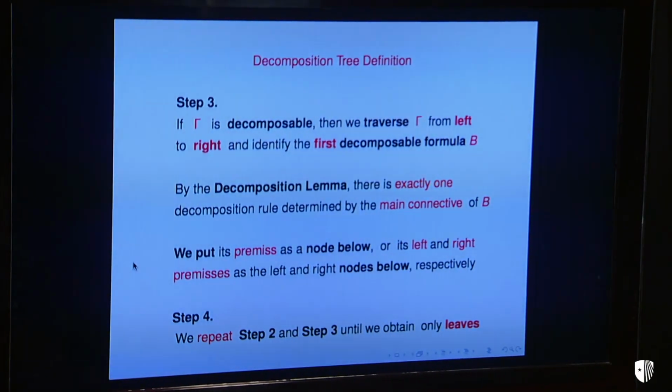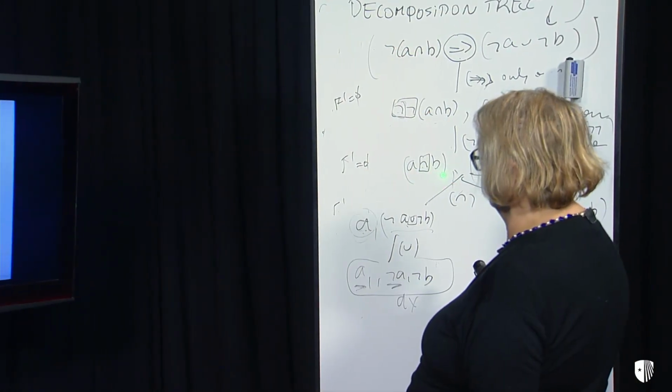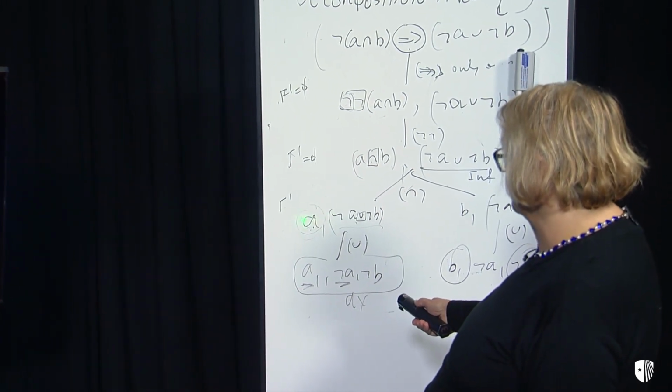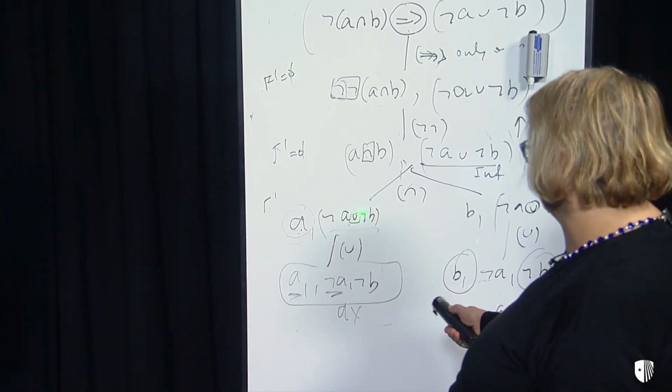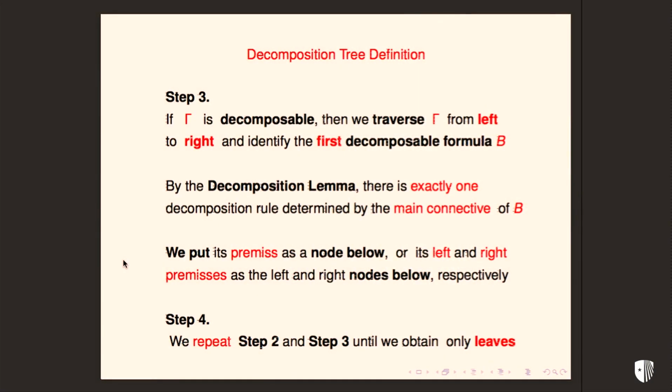Why from left to right? Because you have those gamma prime, which here is empty, so you always traverse from left to right to find the first decomposable formula. And by the decomposition lemma, there's exactly one decomposition rule determined by the main connective, and we put the premises on the nodes below, left and right premises, etc., as we did.